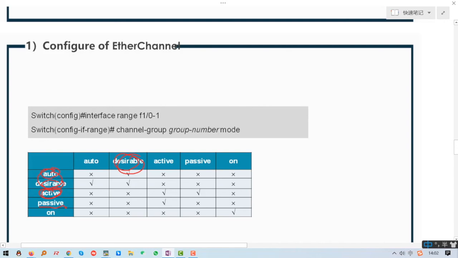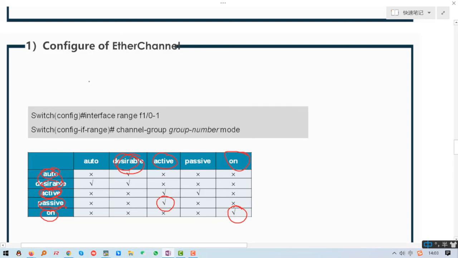If both sides are in active mode, they negotiate successfully, and passive mode and active mode can also be negotiated successfully. And if both devices are configured in on mode, they can also negotiate normally. So this is the EtherChannel negotiation mode.